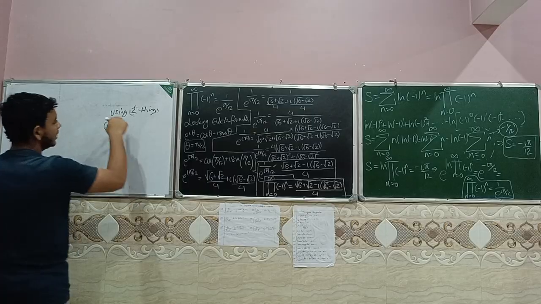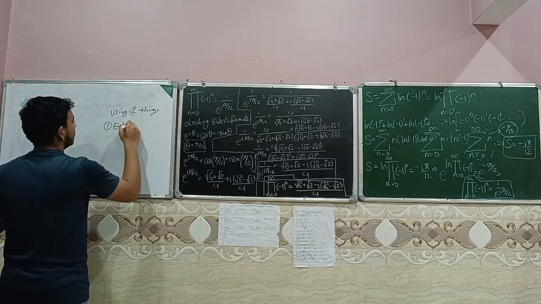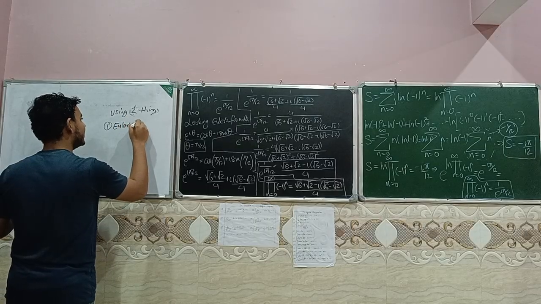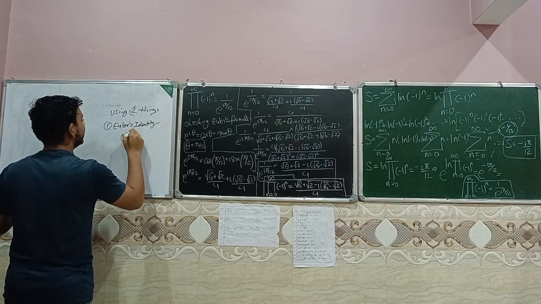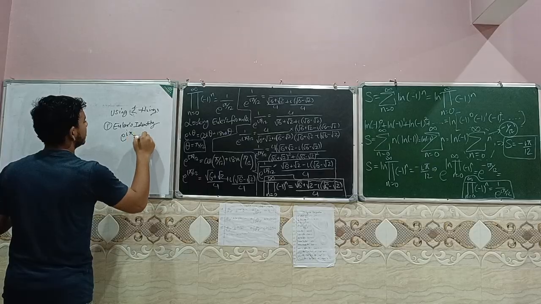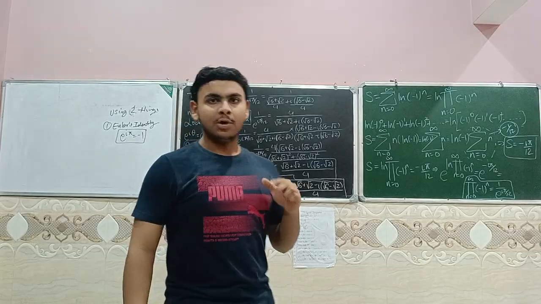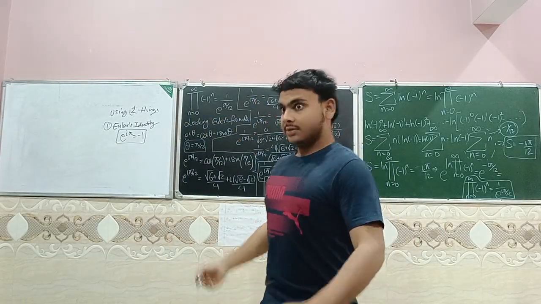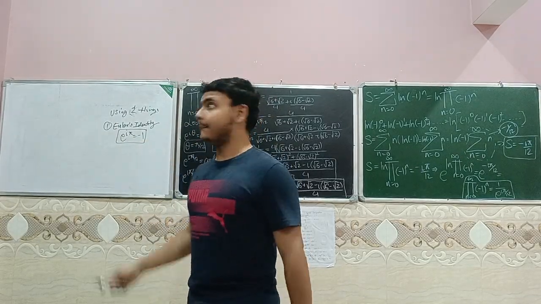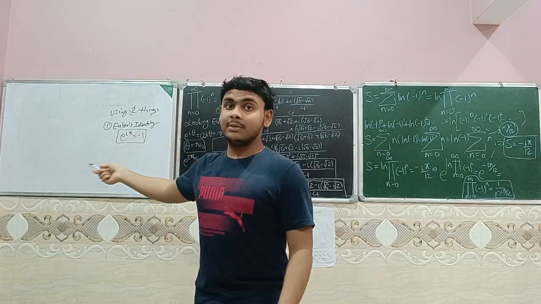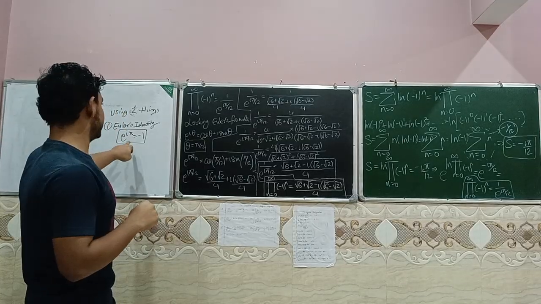Among these two things, the first one is the most famous Euler's identity, and that says that e to the i pi is equal to -1. This is considered the most beautiful equation in mathematics. It really is, and I don't need to tell you much because this is really famous, and even my WhatsApp DP is just this thing.